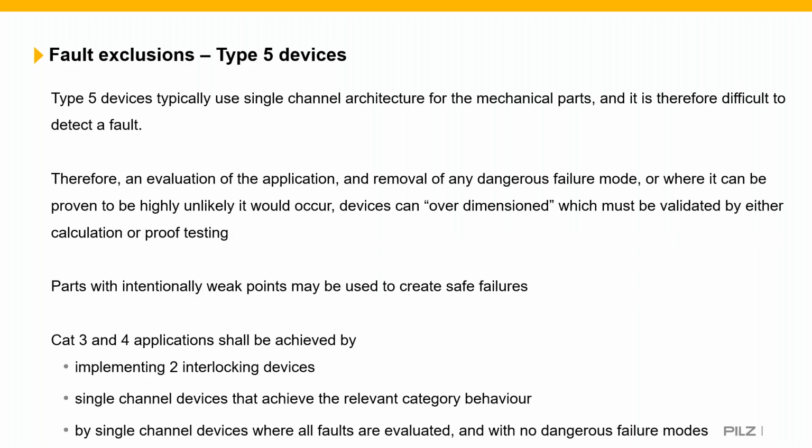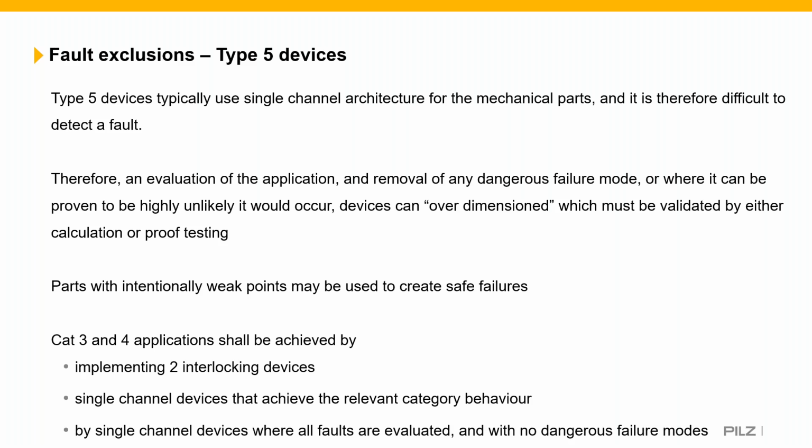For type 5 devices, we need to look at what is generally considered to be single channel architecture for the mechanical parts. In that case, it is very difficult to detect a fault. So we need to look at removal of any single point of failure or dangerous failure modes where it can be proven to be a possibility.